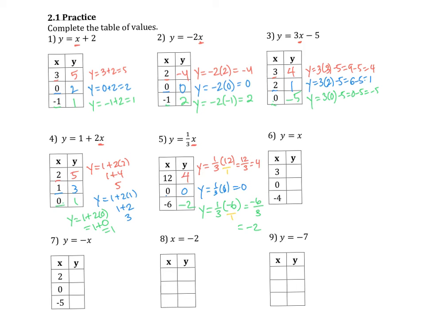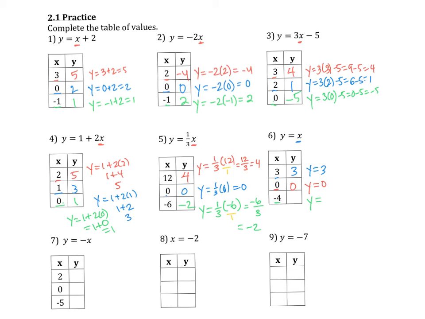It says y equals x. So I'm going to plug in right there. Let's see. So y equals, what's x? 3. Oh, y is 3. Let's see. Now I have 0. Y equals x. What's x? 0. Let's see.